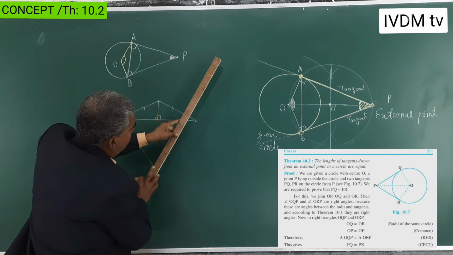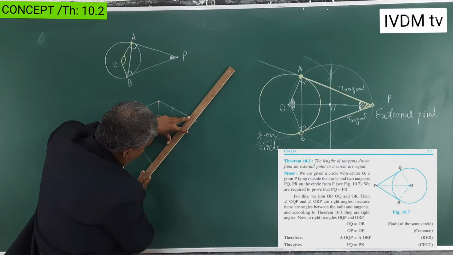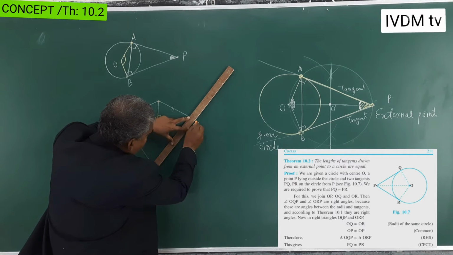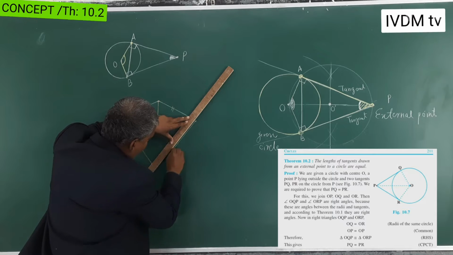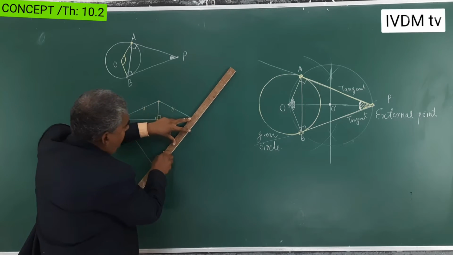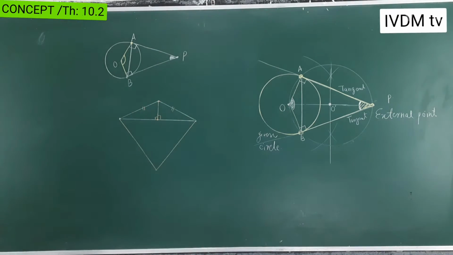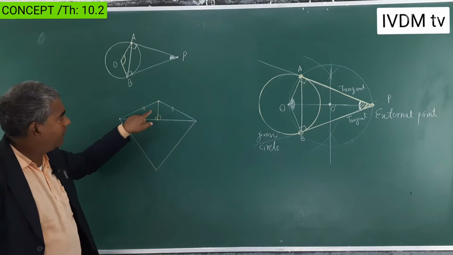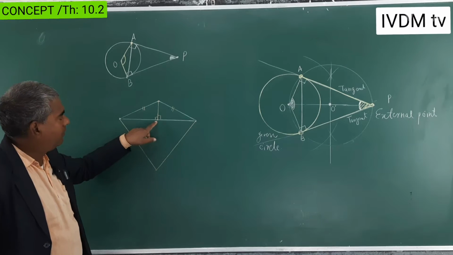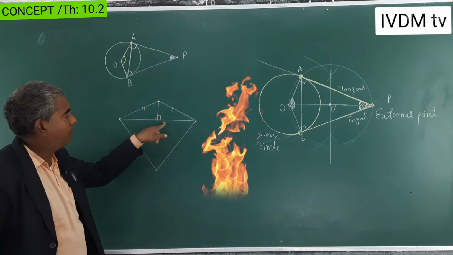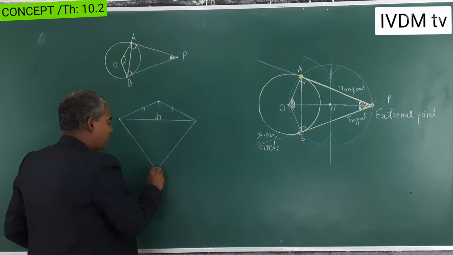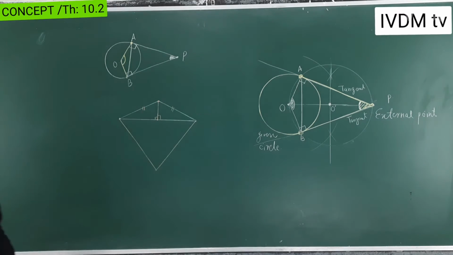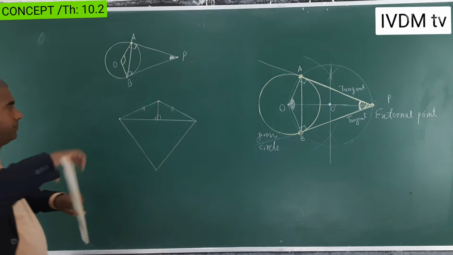So, two pairs of adjacent sides equal. Whatever theorems I have applied here, the same thing will be applied here, because this is common, so the midpoint is common. And when you join this midpoint to here, you will get a perpendicular bisector.